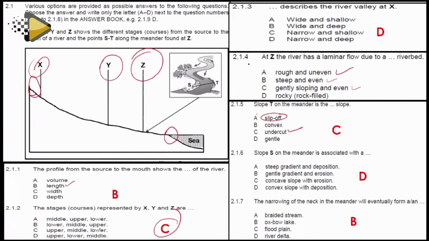That is where it is shallow here. At S, this is a slip-off. And then this one over here is the undercut. Which means this one here is going to be gentle, and this one over here will be convex as well.